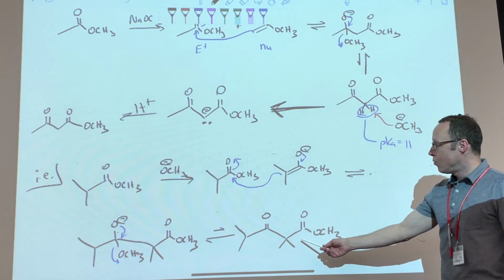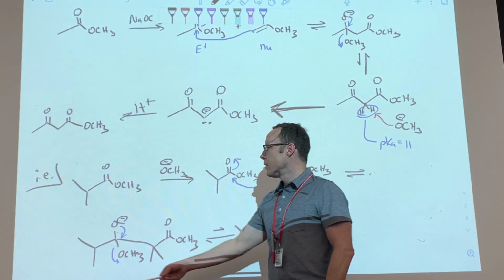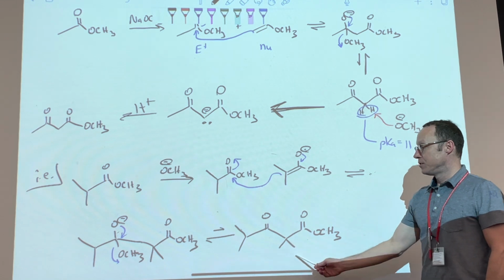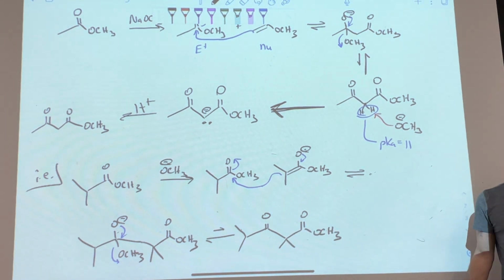Down here, because you only started with one alpha proton, you don't have any more alpha protons to drive the bad equilibrium. So this reaction really wouldn't work well at all.